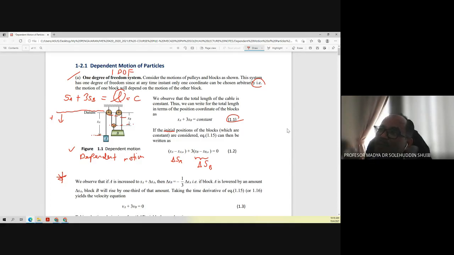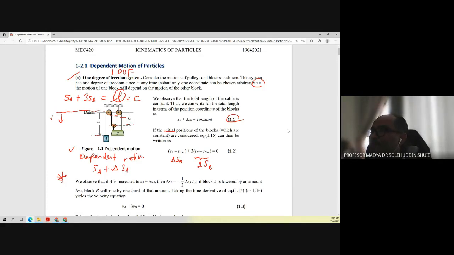This is the displacement from one position to another. The effect is that we have to solve this equation.